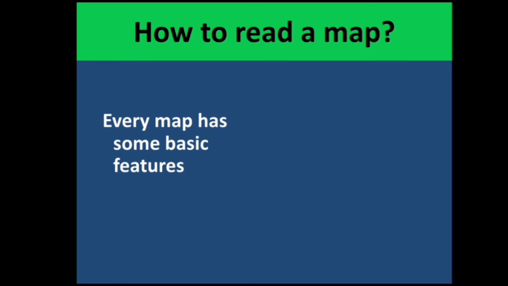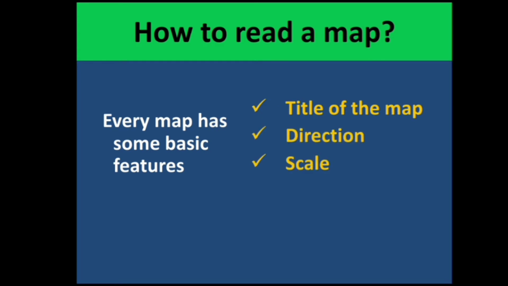To understand the map, we should know some basic features which are used on a map. This will help us to understand the map properly. So, what are these basic features? The title of the map, direction, scale, colors, symbols, and key. Now, one by one, I will explain all these.